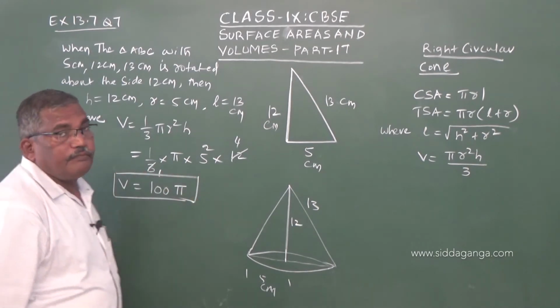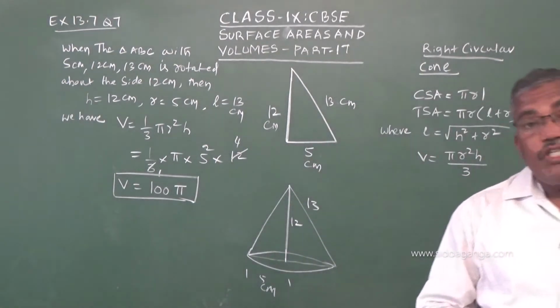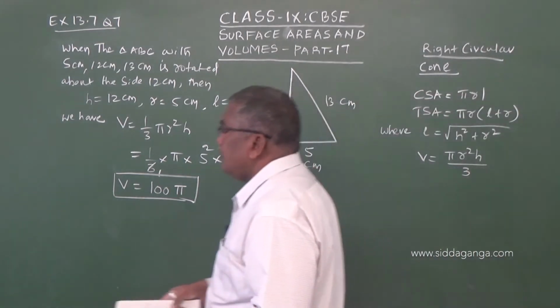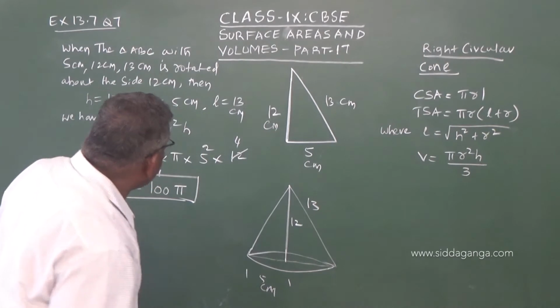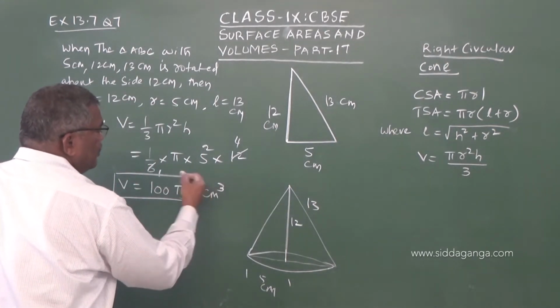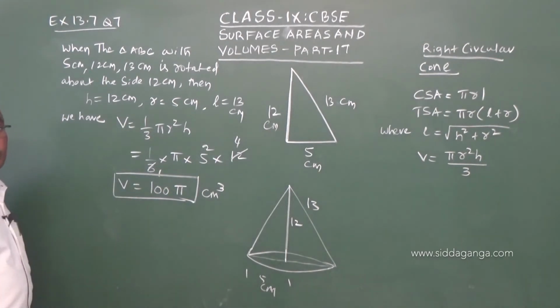This completes question number 7. Now we shall see question number 8. You can write it as centimeter cube, 100 pi centimeter cube.